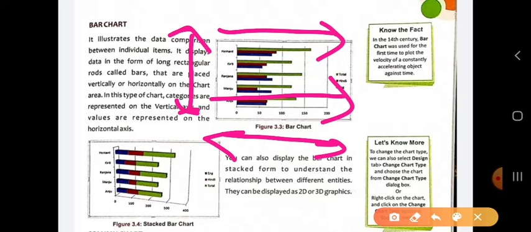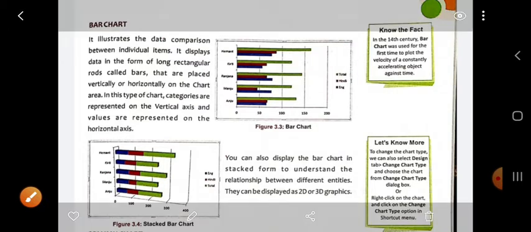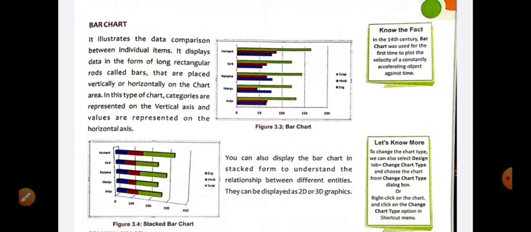So keep in mind, in bar chart the categories are represented on the left side, that means on the y axis, and the values are represented on the horizontal axis. That's why it is like this. You can also display the bar chart in abstract form to understand the relationship between different entities. They can be displayed as 2D or 3D graphs.